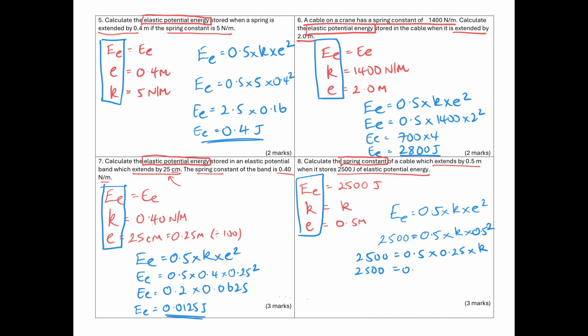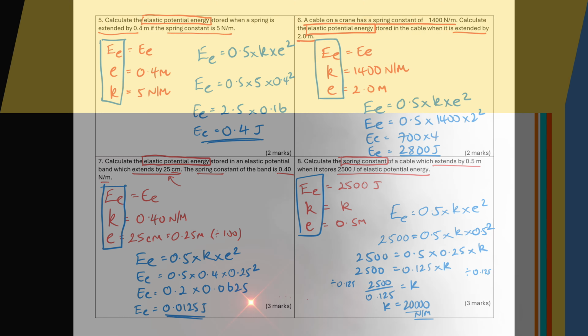So now 2500 equals half of that, because 0.5 times 0.25 gives you 0.125. And now we want to get k as the subject, so we need to divide both sides by 0.125. So 2500 divided by 0.125 gives us a final answer for the spring constant, which comes out at 20,000, and then it's newtons per metre.